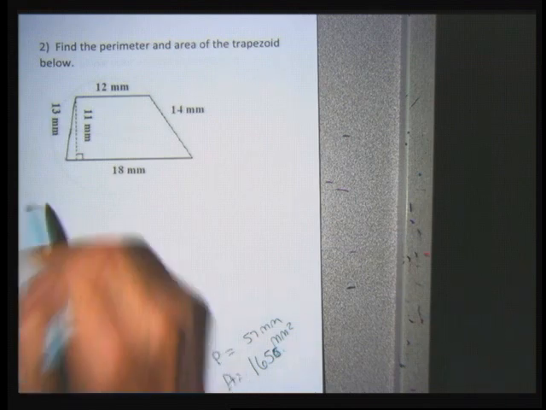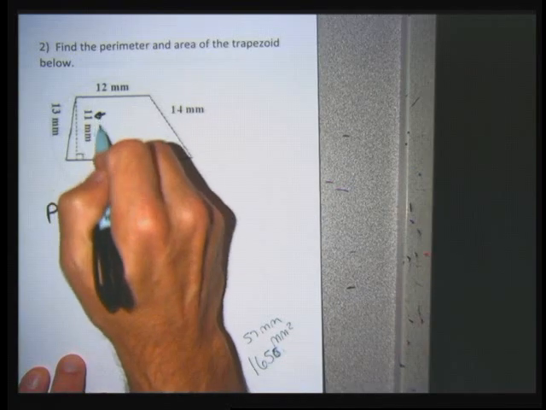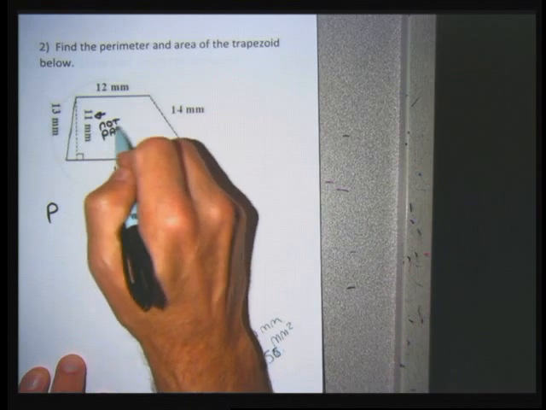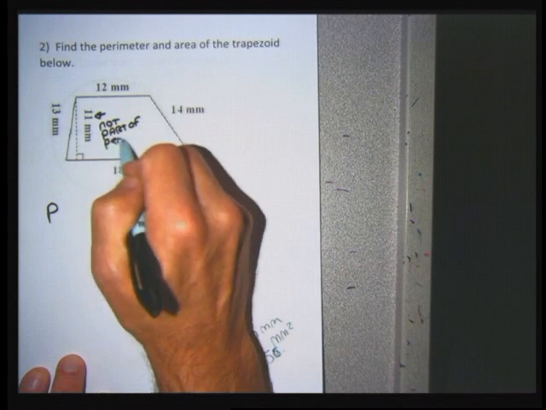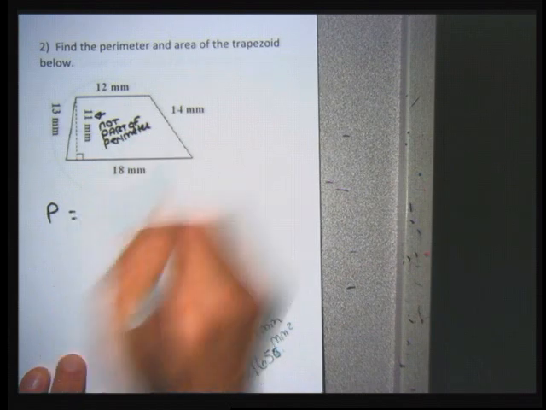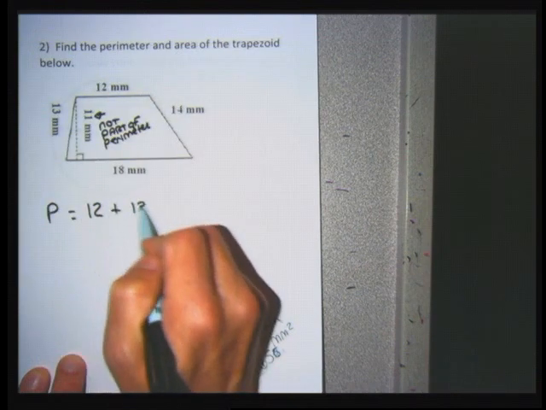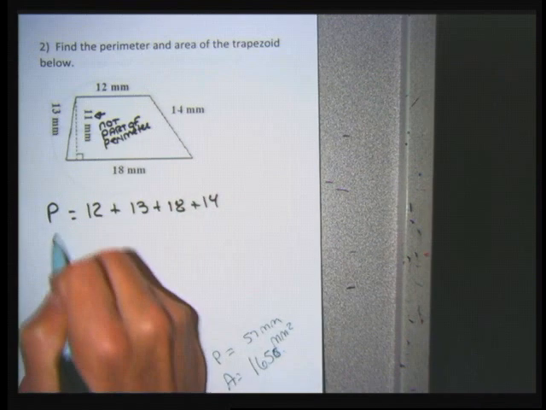So for the perimeter of this figure, I'm not going to include the 11 because it's not along the boundary. I need that 11 for the area, but for the perimeter, I'm just going to add the 4 sides, 12 millimeters plus 13 millimeters plus 18 millimeters plus 14 millimeters.